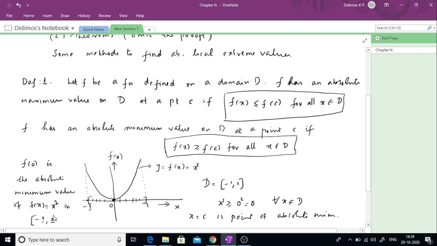D is -1 to 1. So this is an example of an absolute minimum.